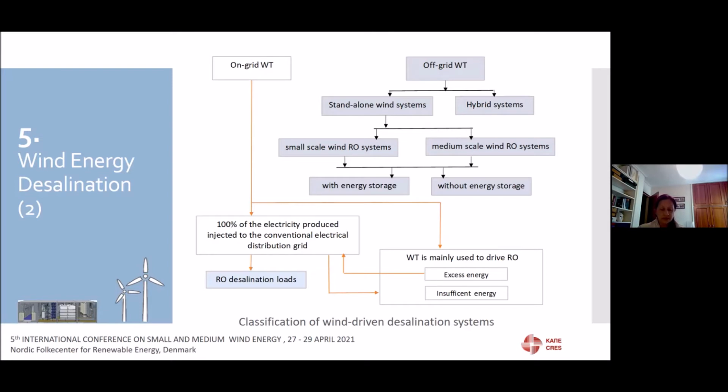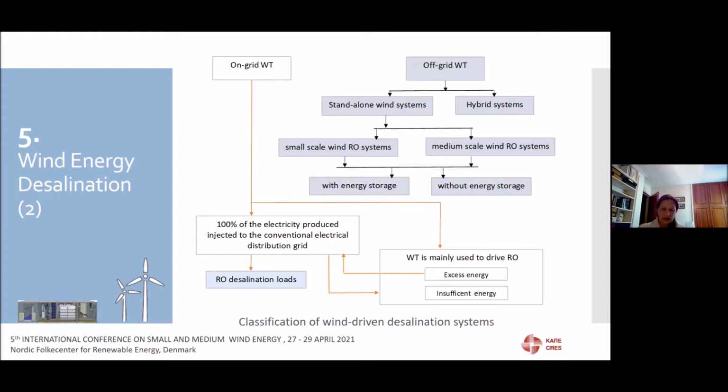One group comprises systems in which the desalination plant and wind turbine or wind farm are connected to a conventional distribution grid, and the other comprises standalone or hybrid microgrid systems. In other words, small-scale systems not connected to a conventional grid.